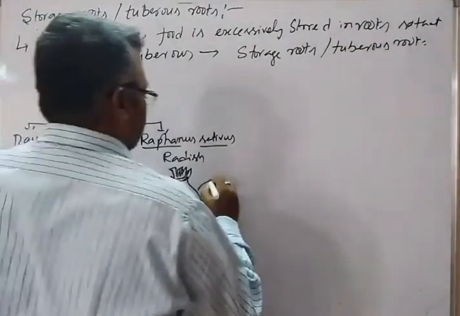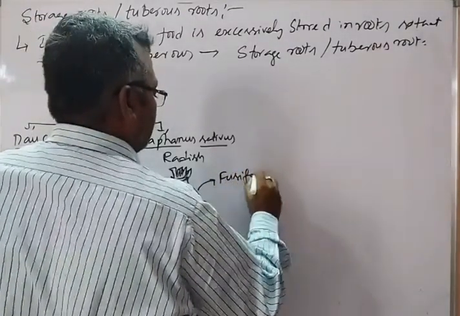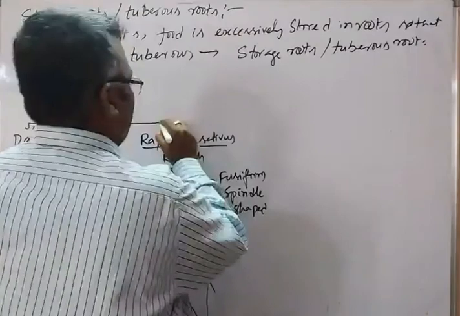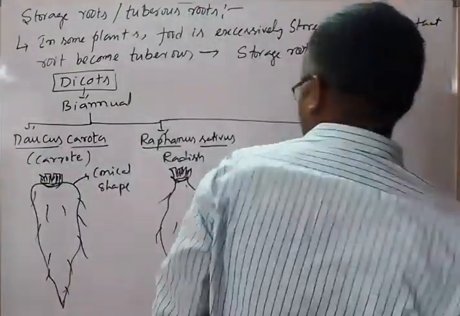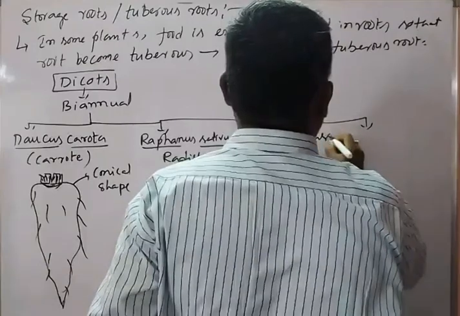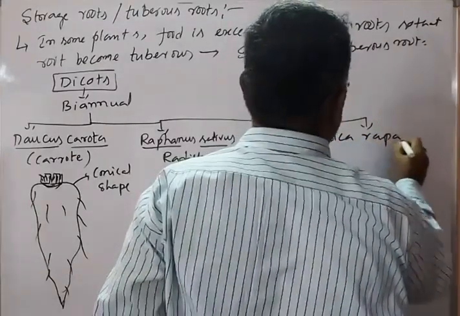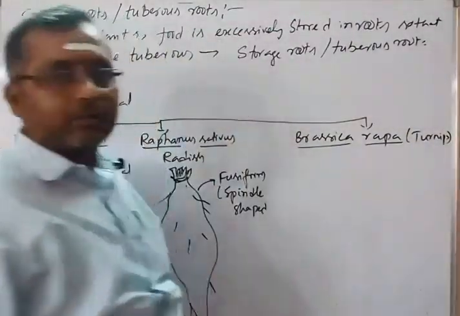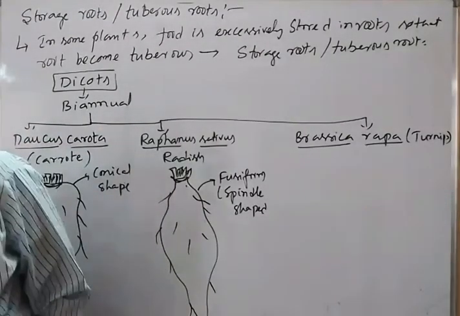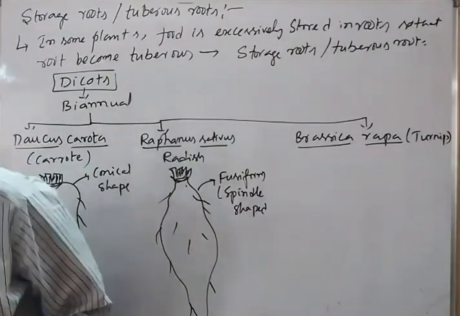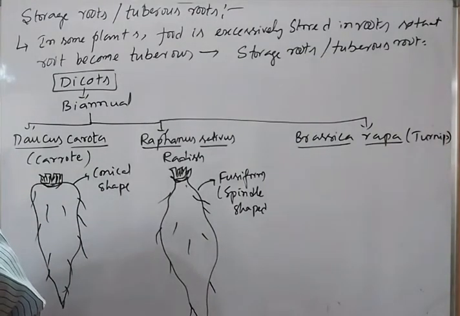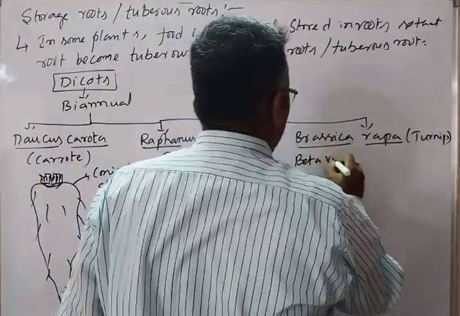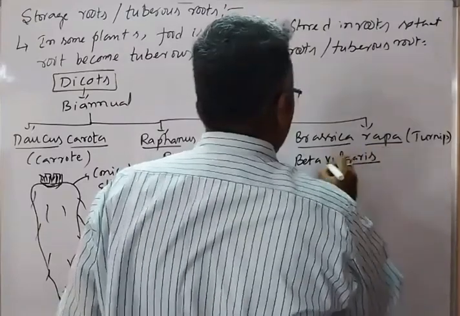Here it is fusiform or spindle shape. Next, Brassica rapa, that is turnip, and Beta vulgaris, beetroot.